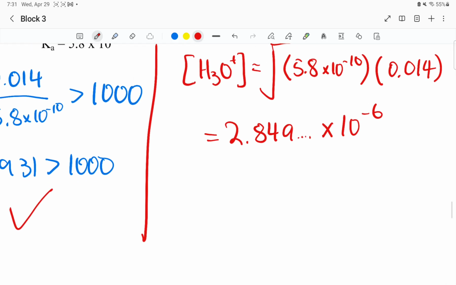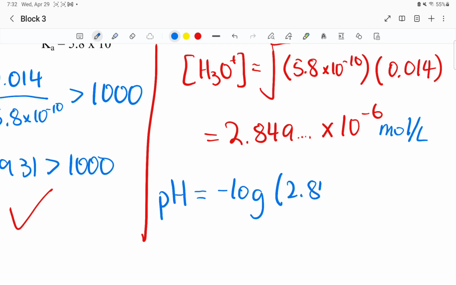Then, to find the pH, and I guess you can put mole per liter there if you want, it doesn't really matter, you take the negative log of the concentration, so 2.849 yada yada yada times 10 to the -6.